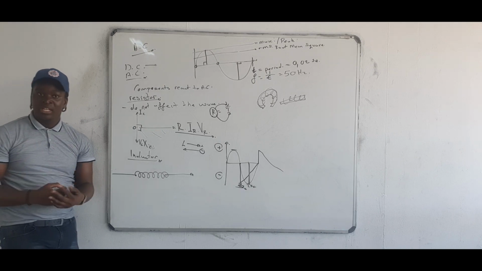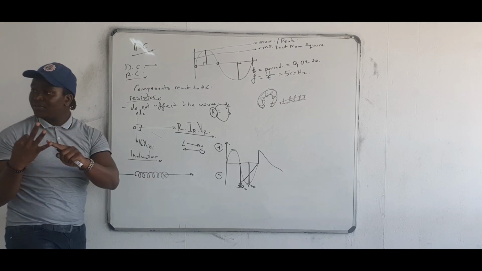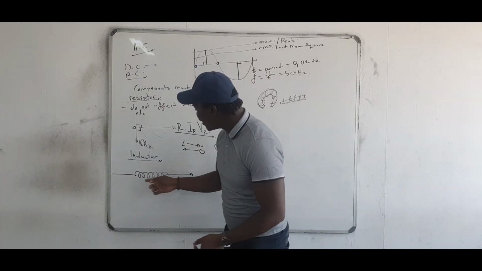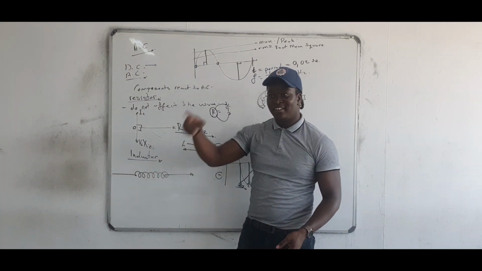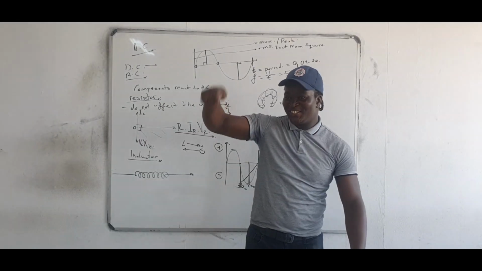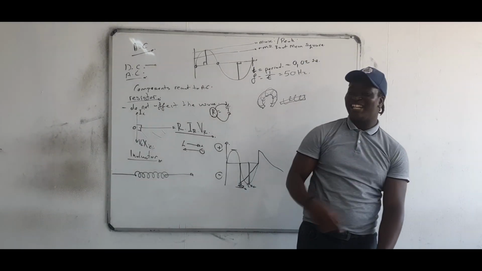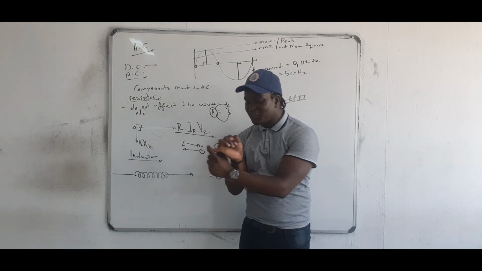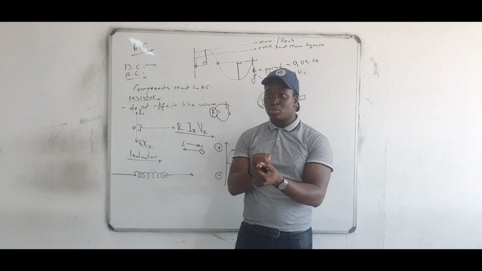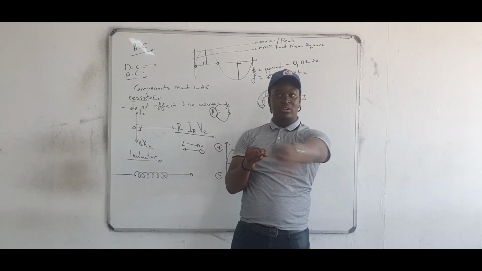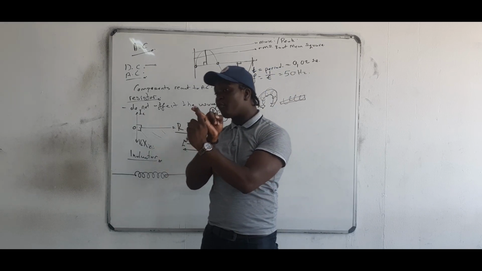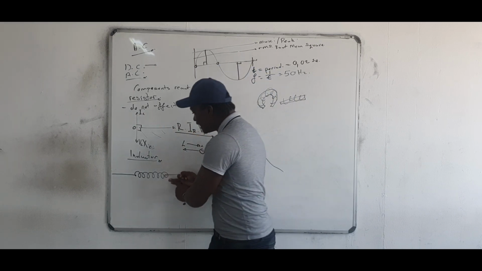Are we together? There are 3 factors that influence this, and I need you to know these 3 factors by heart. Number 1, the number of turns. Number 2, I'm going to skip the best for last: the type of core, the thing that you put in the middle.